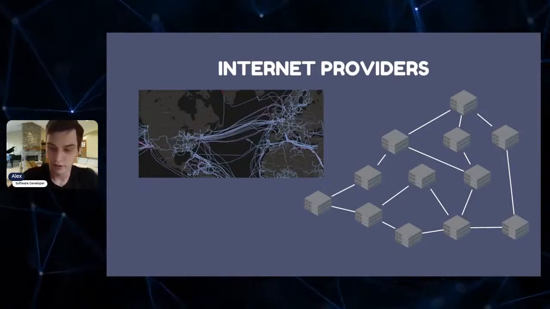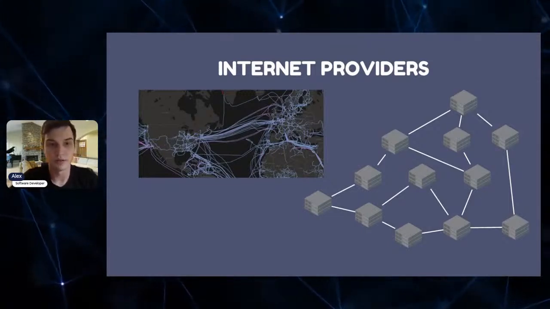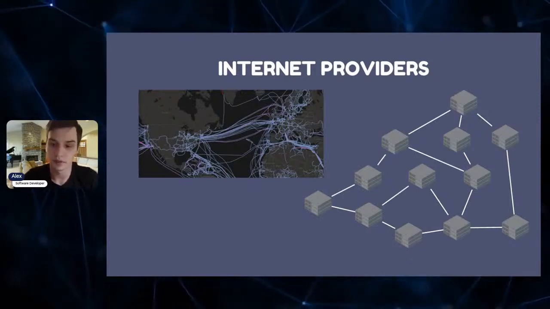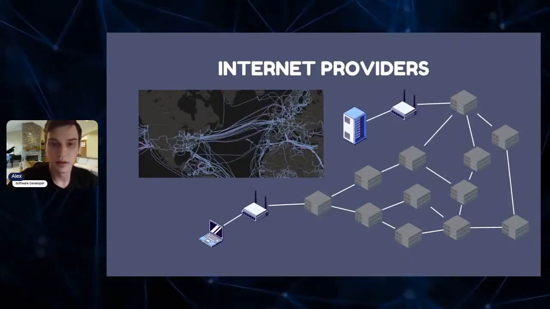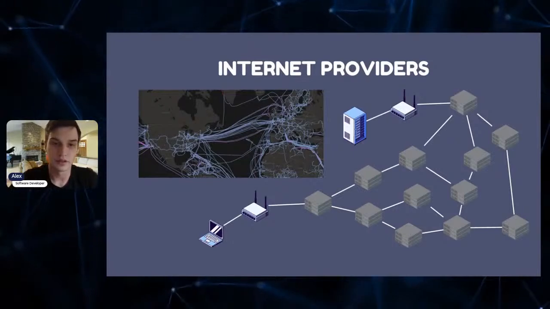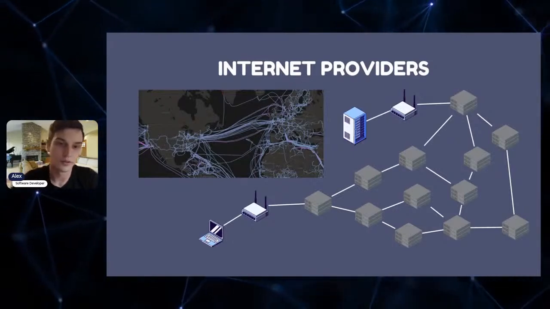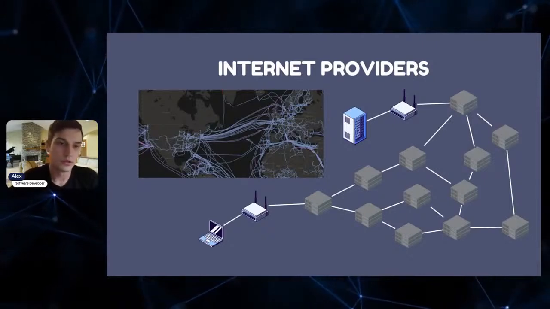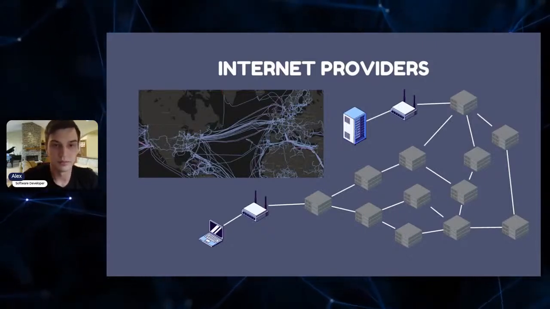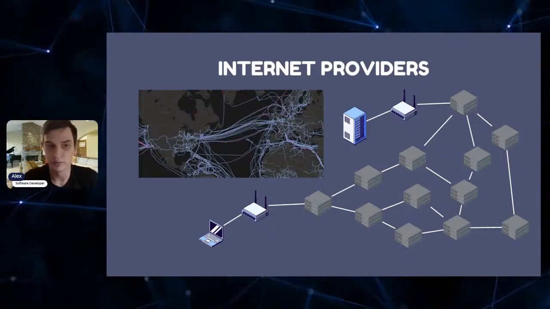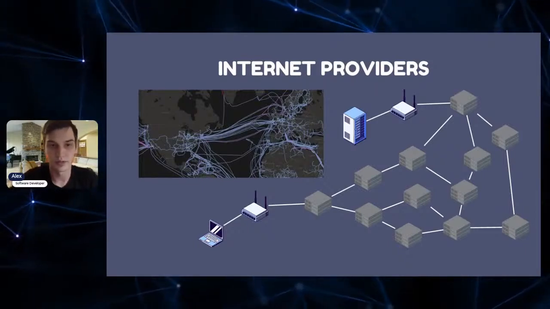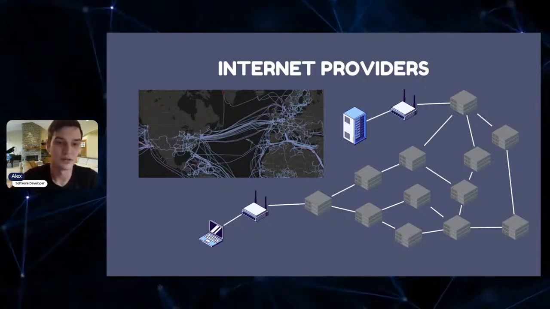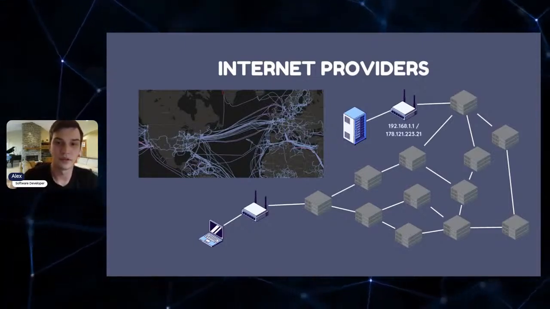Let's imagine the situation that we have a laptop and we want to connect to some server. The server is connected to its own router. Our laptop is connected to our own router. And what do we need to know to connect to the server? At first, we need to know an IP address, because if there is no destination, how will we send the message to the server?